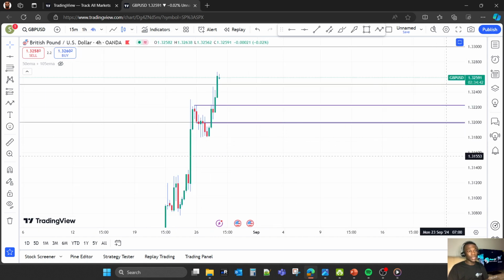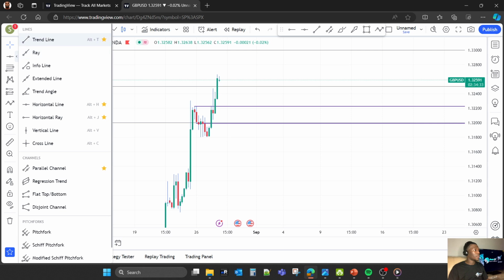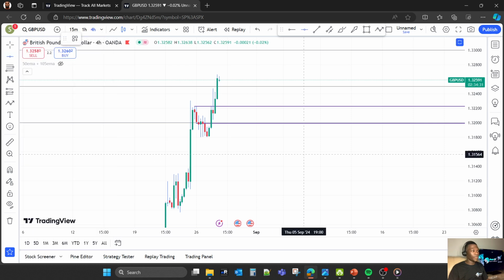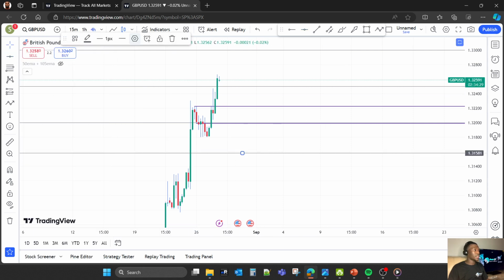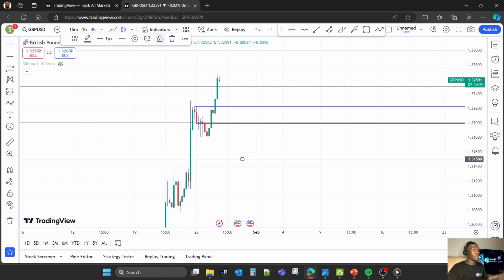After doing so, let's add to the downside, which is 1.15. 1.15, that's my next cycle level. Okay, I'll just quickly delete this and then add zeros, then lock.